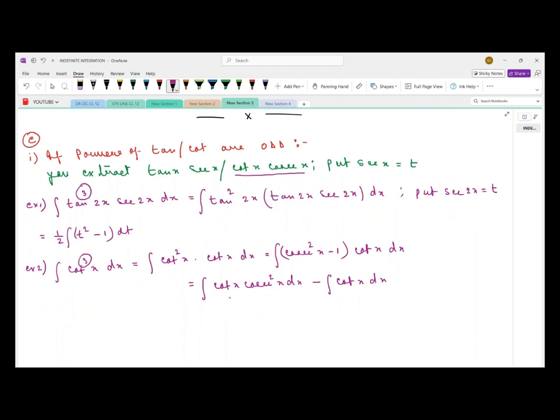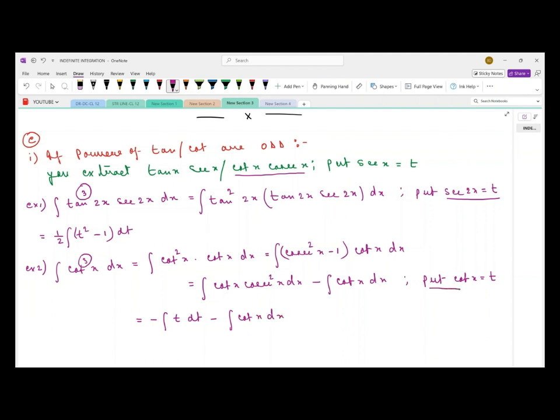So now you put, just as here we put sec 2x equal to t, here we put cot x equal to t. So this then reduces to simply minus t dt minus cot x dx.